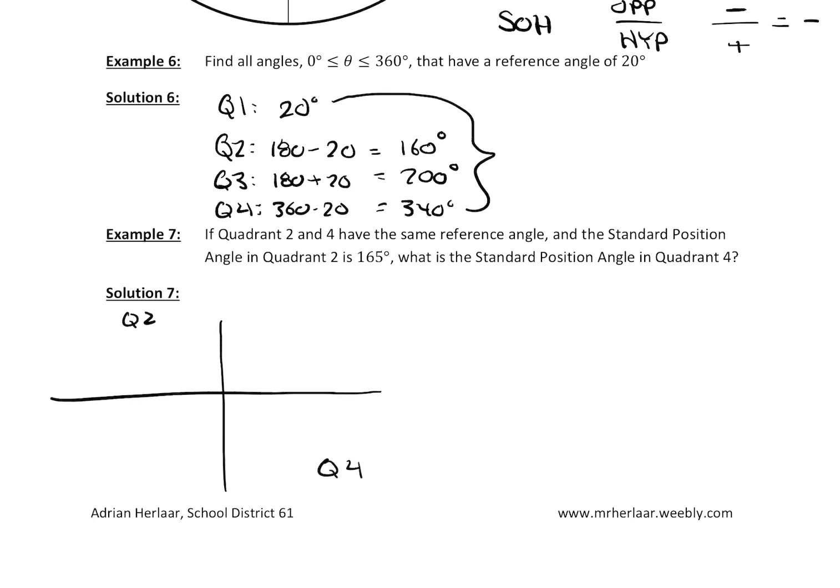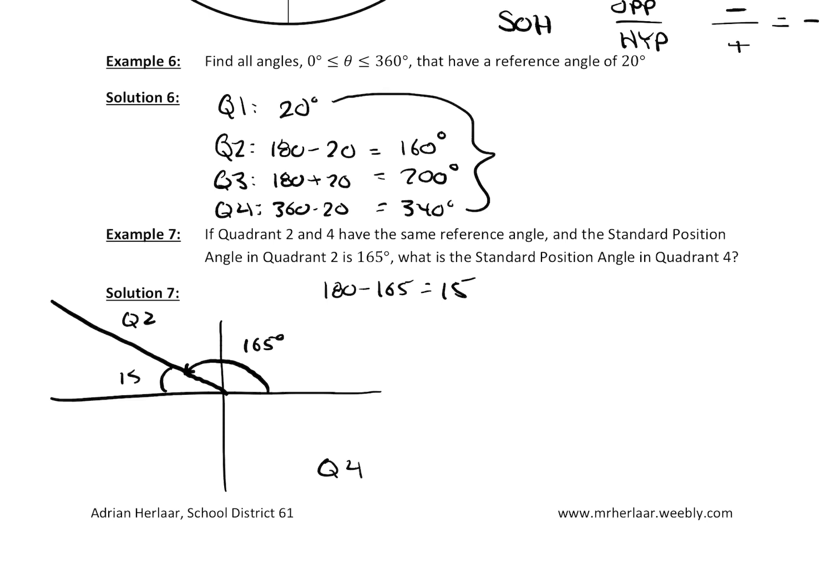The standard position is 165, which means this angle here is 165 degrees. I'm going to erase that so it looks nice. 165. Well, what does that tell you about the reference angle? Well, it's 180 minus 165, which is 15.